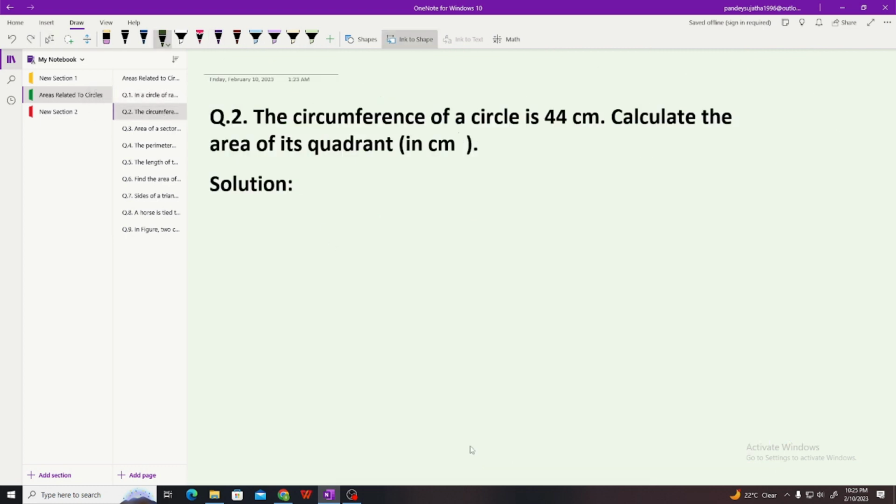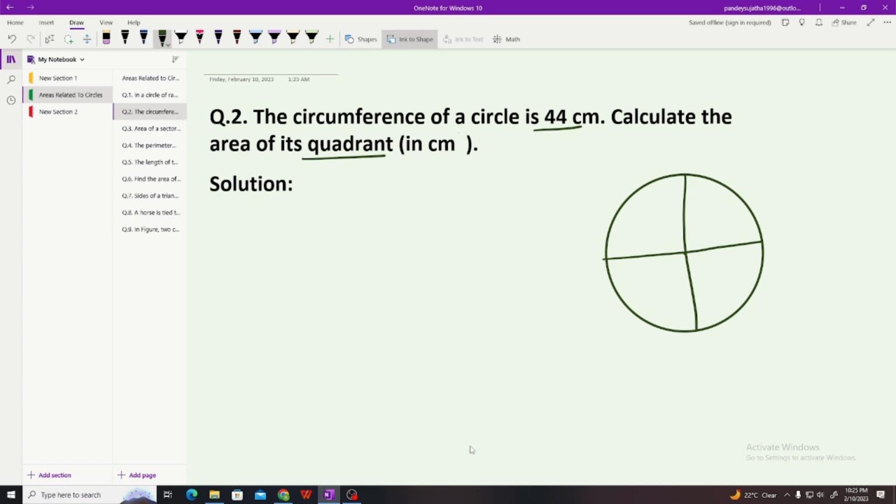The circumference of a circle is 44 centimeter. Calculate the area of its quadrant. So when a circle is divided into 4 equal parts, then each part, that is each sector, is called as a quadrant, and the theta for each quadrant will be equal to 90 degree.